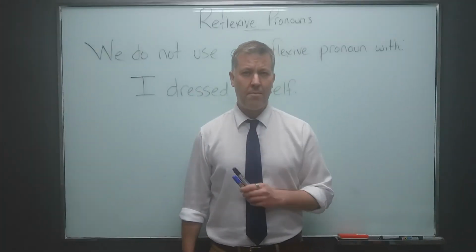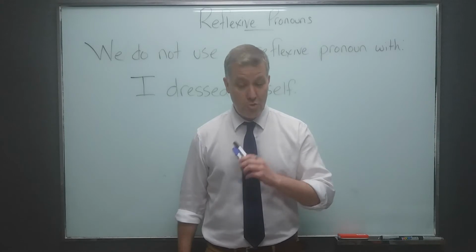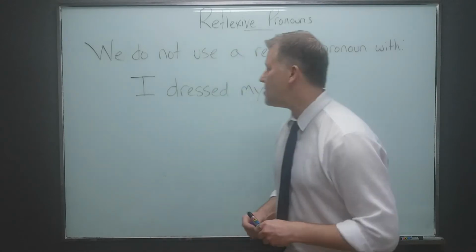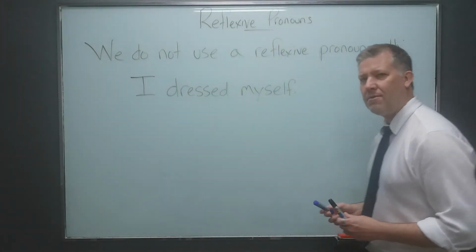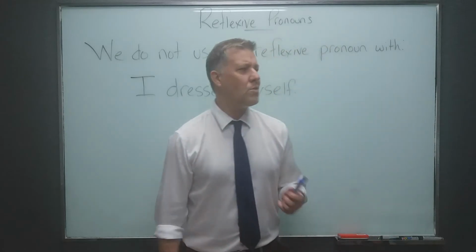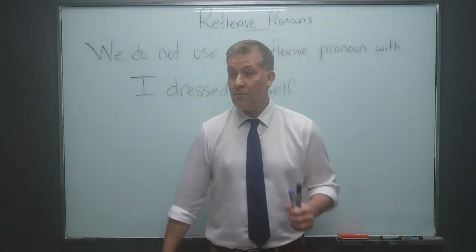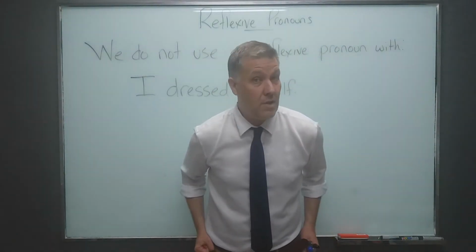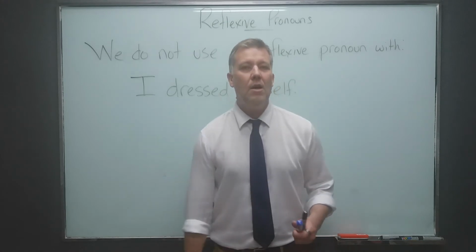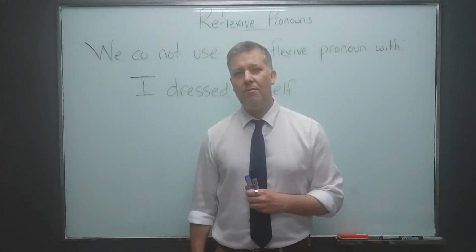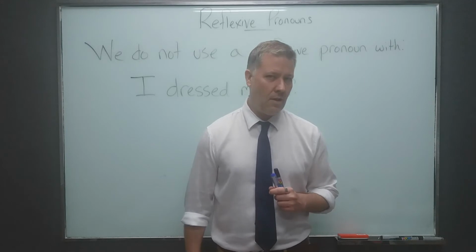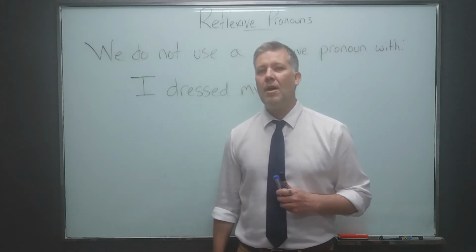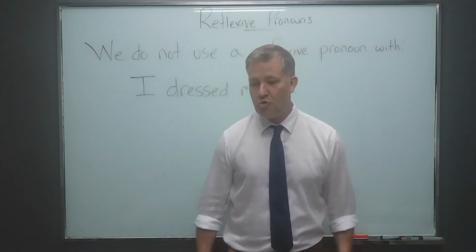Now to clear this up, let's look at the verb dress, to dress, okay? This sentence says, I dressed myself. Now, once again, we don't really need to say myself here because of course we get dressed by ourselves, okay? We do it ourselves. But perhaps there is a time in life when we do say this. Now think of a baby. A baby is not able to dress themselves.